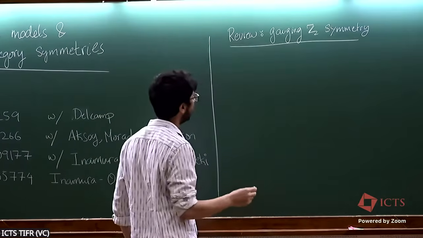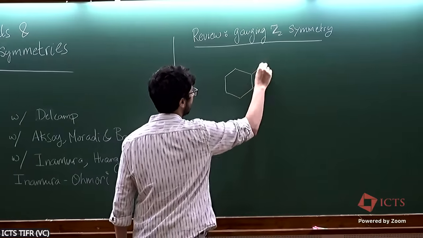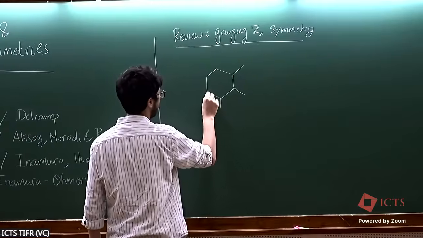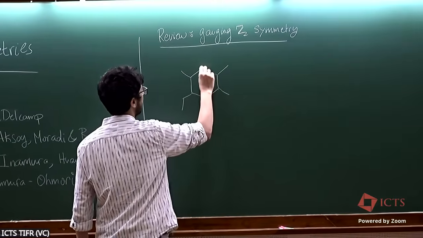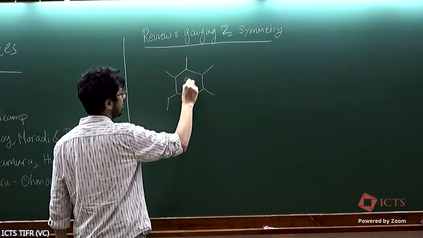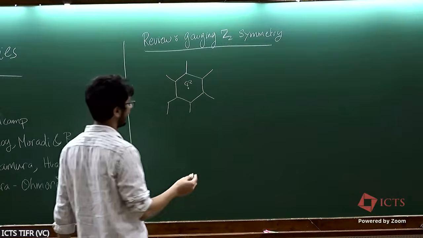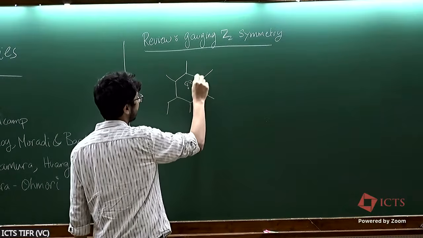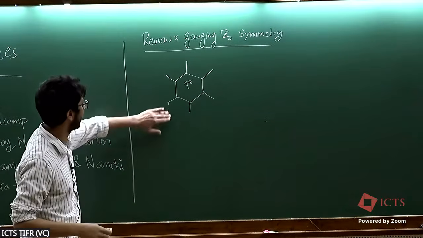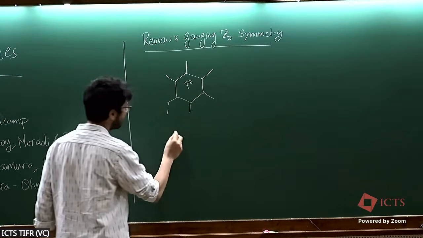So consider a hexagonal lattice with qubit degrees of freedom on each plaquette. So I have a two-dimensional vector space at each plaquette, and there are some Pauli X and Pauli Z operators acting on this vector space. And there's a Z2 symmetry.